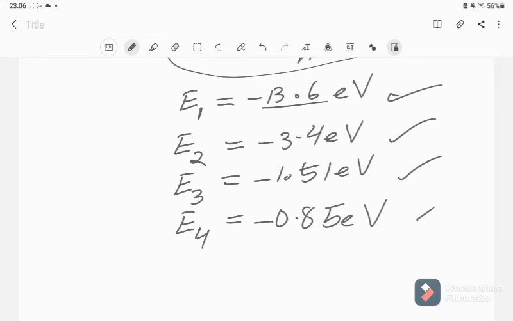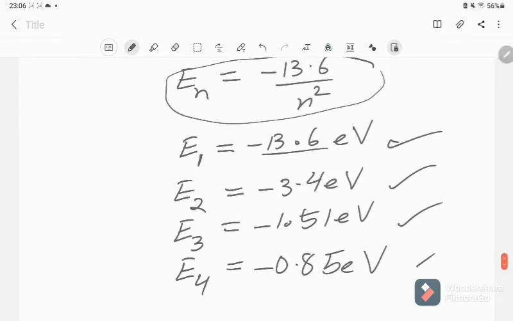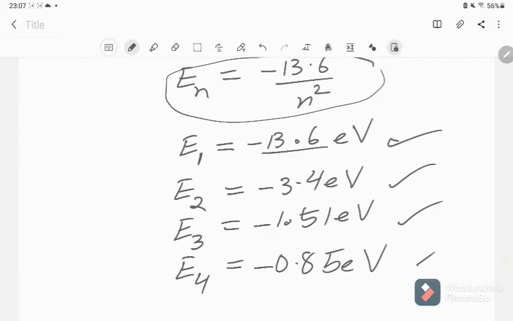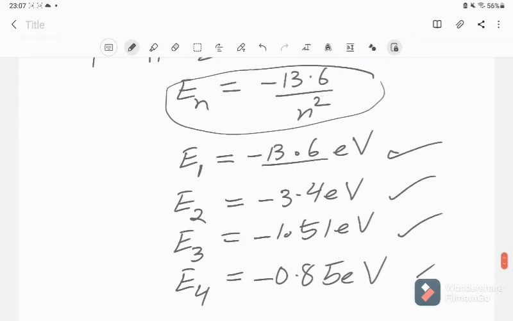So this is the energy of different orbits. On heating hydrogen gas, the electron will absorb energy and jump to a higher energy level.